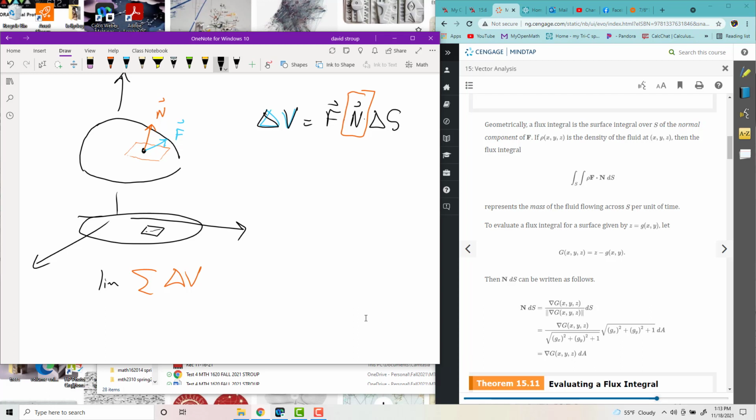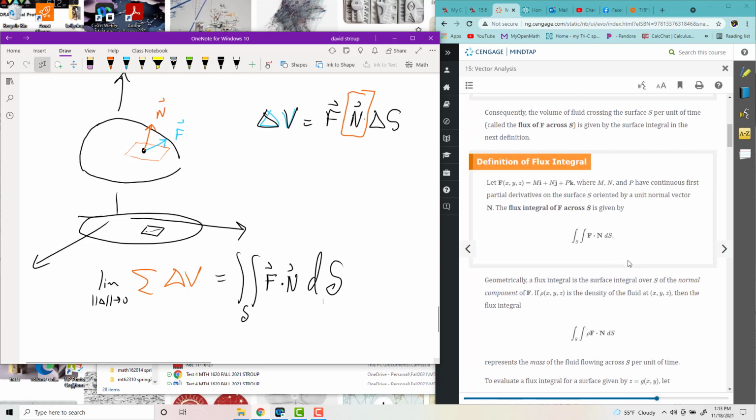We want the norm of that thing to go to 0, and we'll end up with the double integral over the surface of f dotted with n dS. Okay, so ultimately that will be the thing that we want to work with, and that will be called the flux integral.